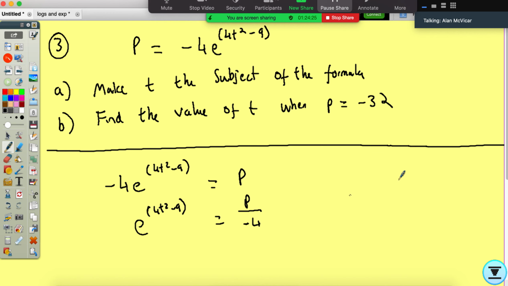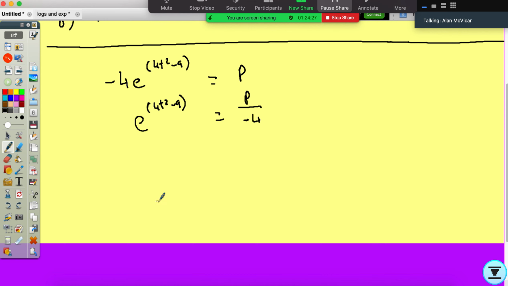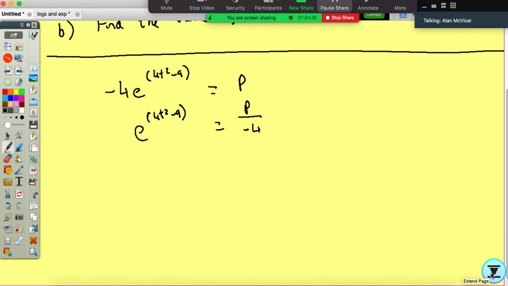So watch that. Okay. Now, you should never have a negative in the bottom of a fraction if you can avoid it. So what I would do here, just to make this more mathematically right, before I took my ln, if the top's positive and the bottom's negative, the whole thing just becomes negative. So it's negative p over 4 like that. Or move the negative onto the top, either one.